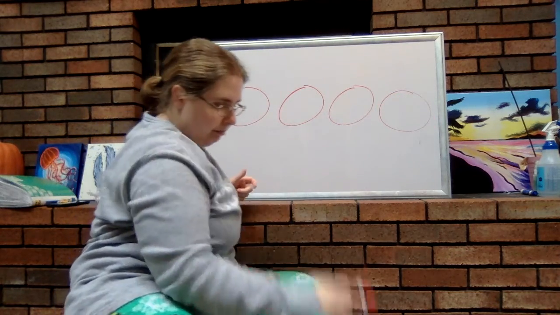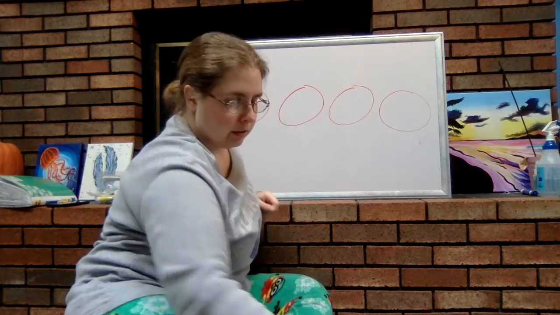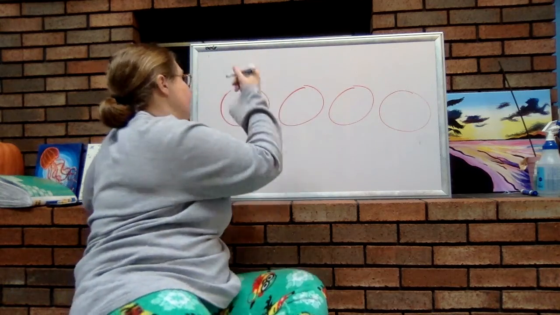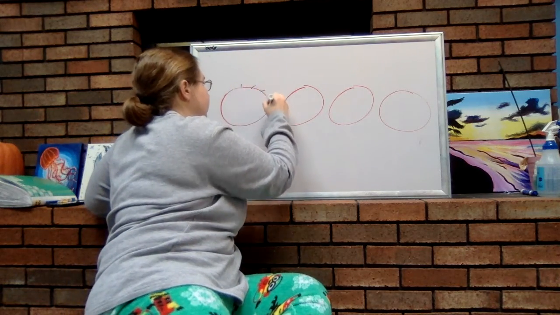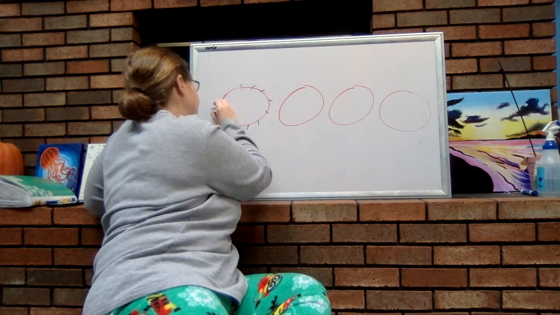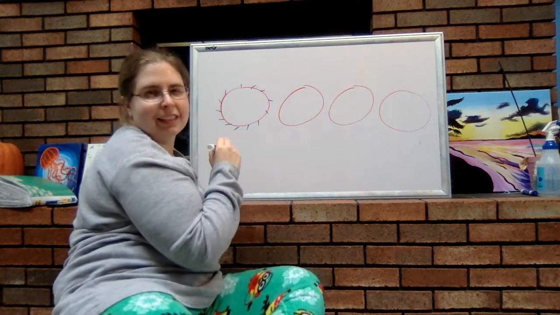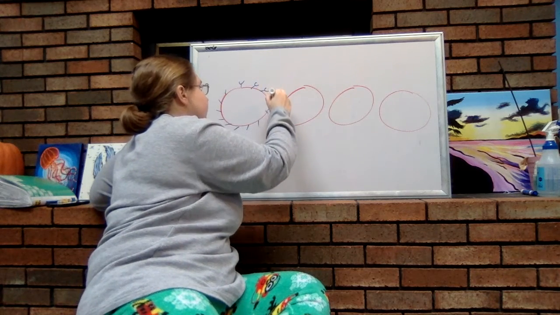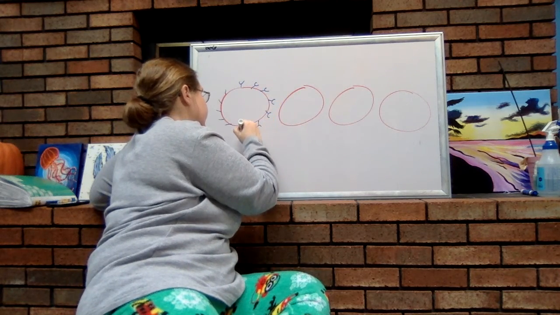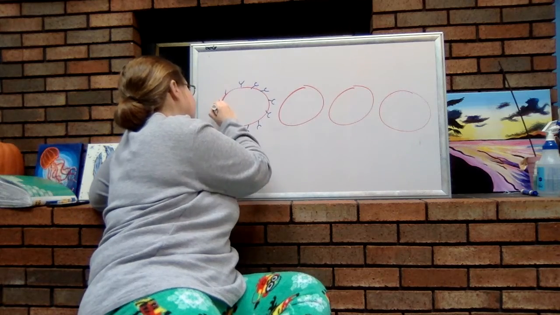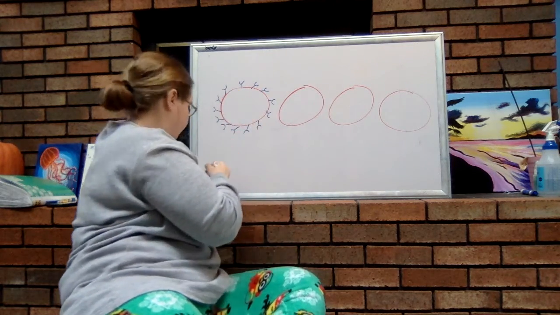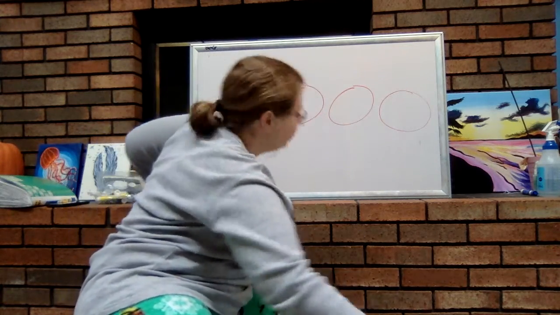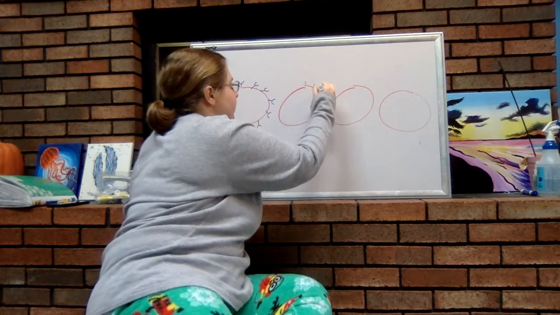So there might be these round receptors on one type of blood, or there could be these other receptors.